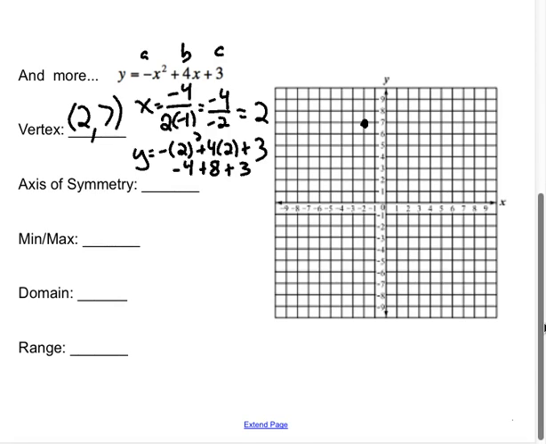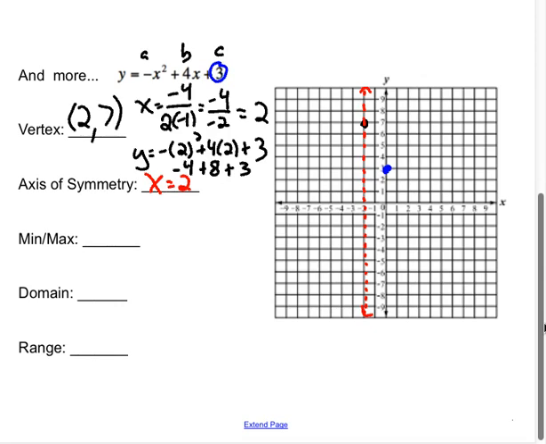And then, of course, its axis of symmetry lives right there, going through the x value of the vertex. Now, you do have to remember, even though it's not mentioned, you do need to take that 3 and make that your y-intercept. That is completely necessary in order to finish this graphing.